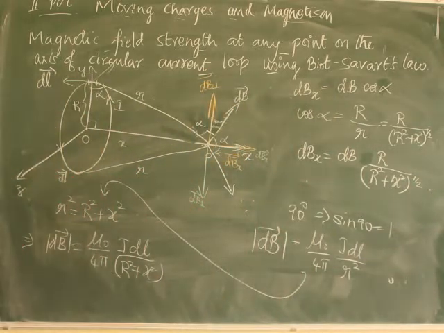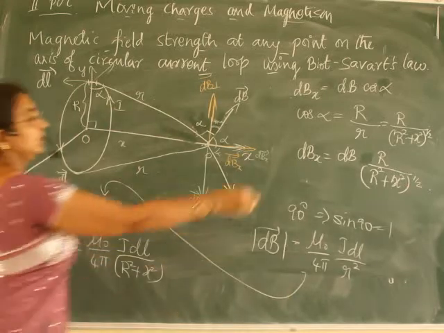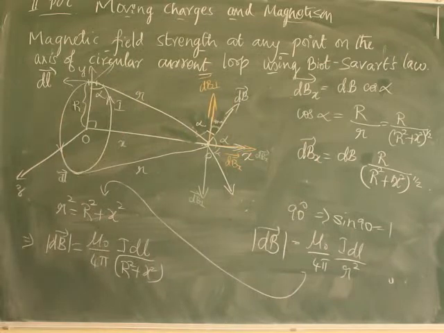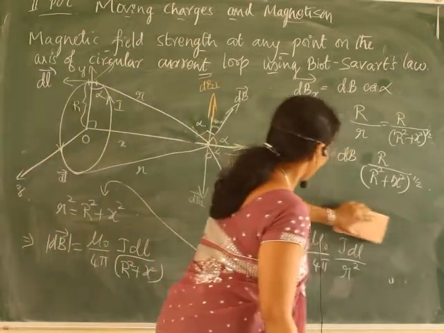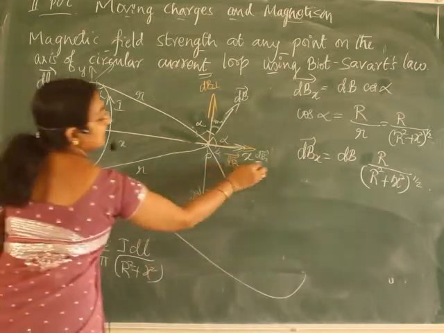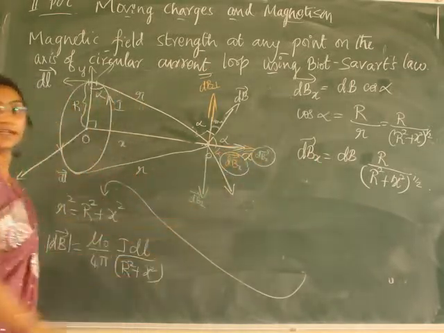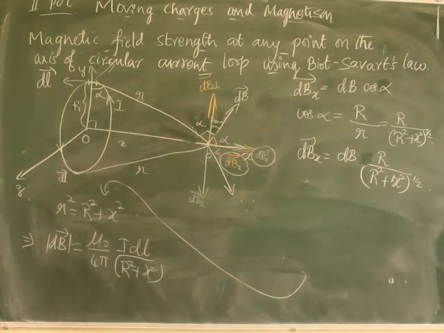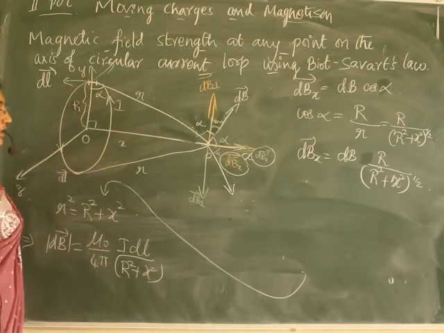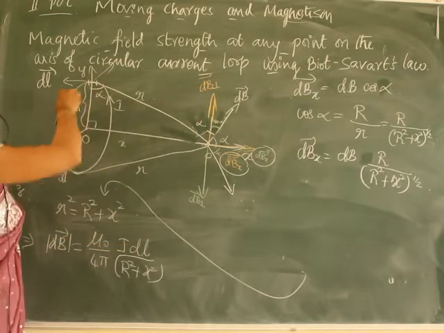Correct? Am I right? But it is possible when 2 dB vectors are added up. When we add 2 elements, it is dBx, 2 dBx. But there are n number of elements in this.